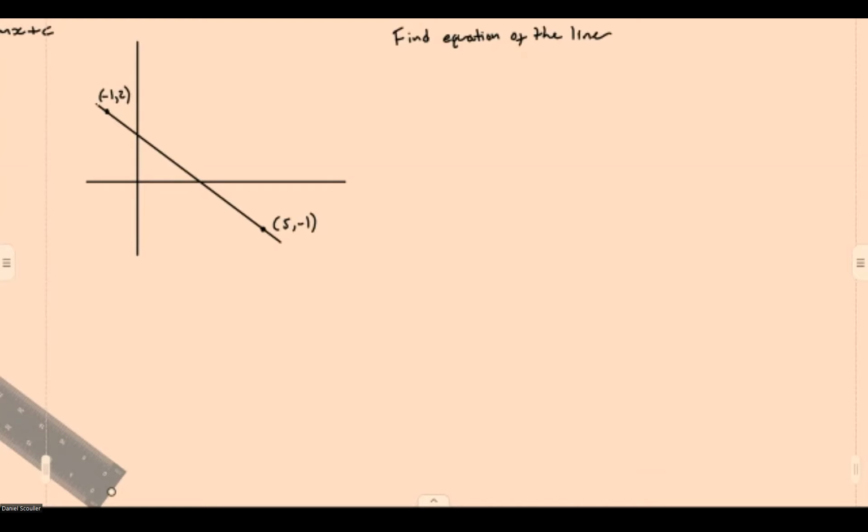I'll give you until quarter past to have a good start at that. So remember I'm finding the gradient, and then substituting that into our equation and getting rid of the fraction.